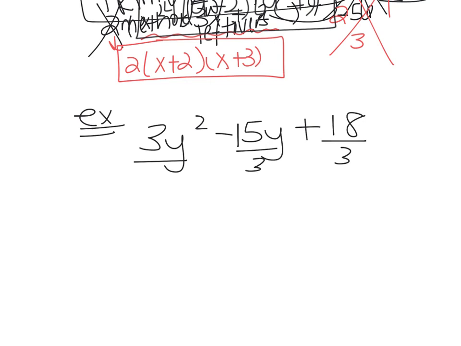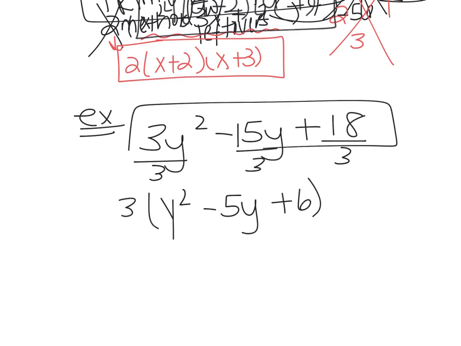A 3. So I'm left with y squared minus 5y plus 6. Now I also know I can't do the X method yet because I've never been able to do the X method when y squared has a coefficient. That's never happened to me before. So that's also kind of like a little clue in the problem that if you have a coefficient, chances are you have a GCF, for now at least.